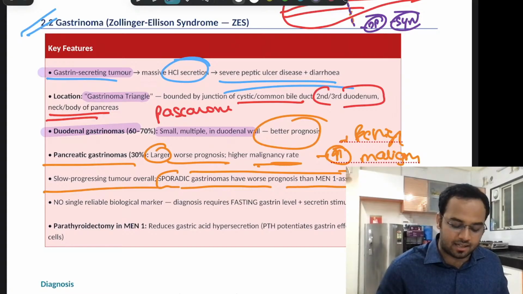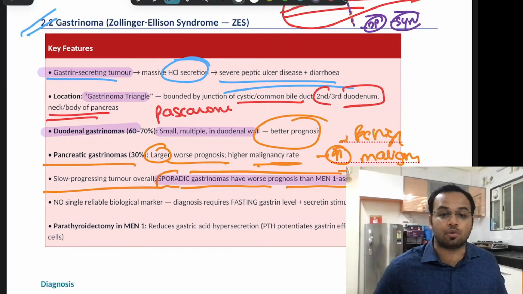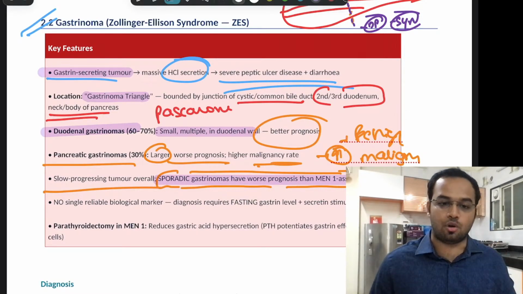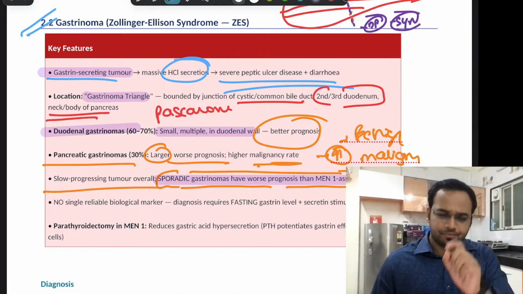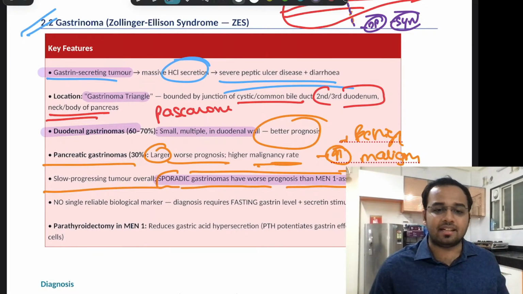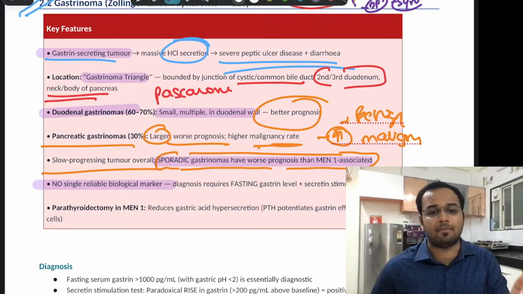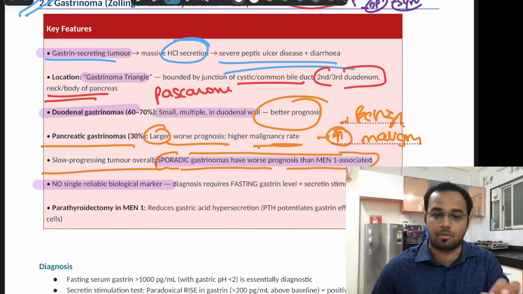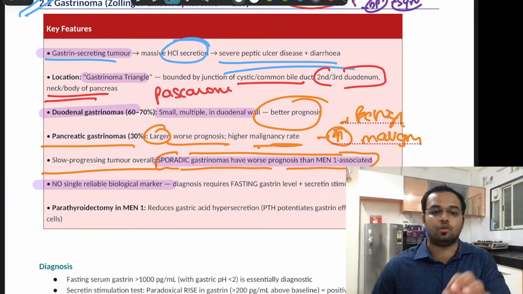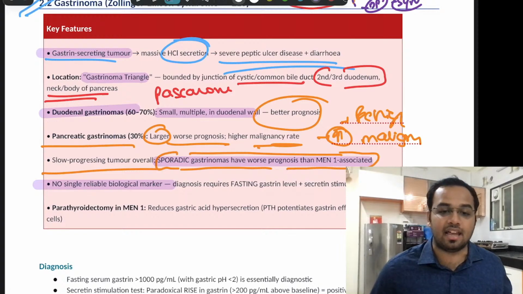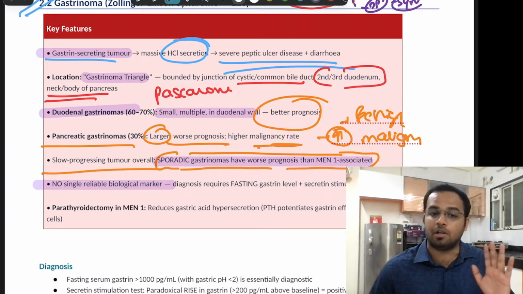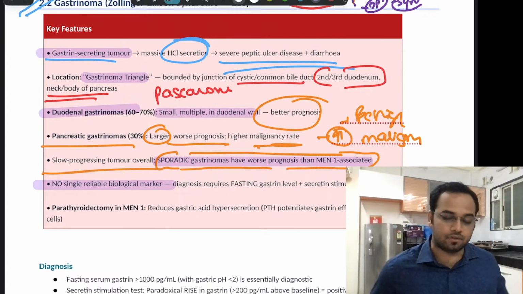But in this condition, sporadic gastrinomas have worse prognosis because mostly sporadic gastrinomas occur in the pancreas, and in the pancreas the malignancy rate is high. So there is no single reliable behavior marker, meaning we have nothing by which you can tell if this gastrinoma is going to be benign or malignant. So which dog is it, is it a wild dog or a pet dog, we are not able to understand with any type of parameters.